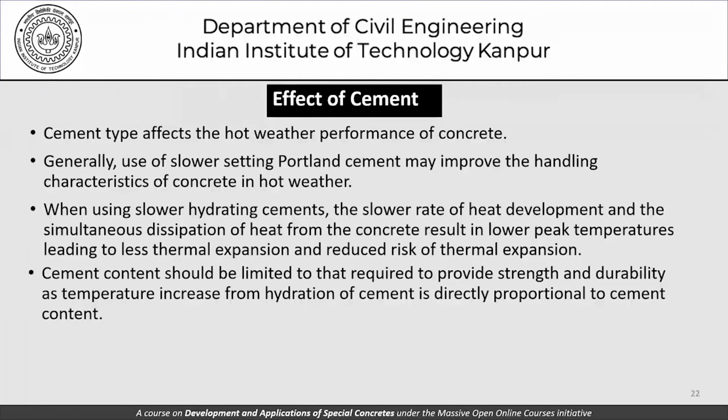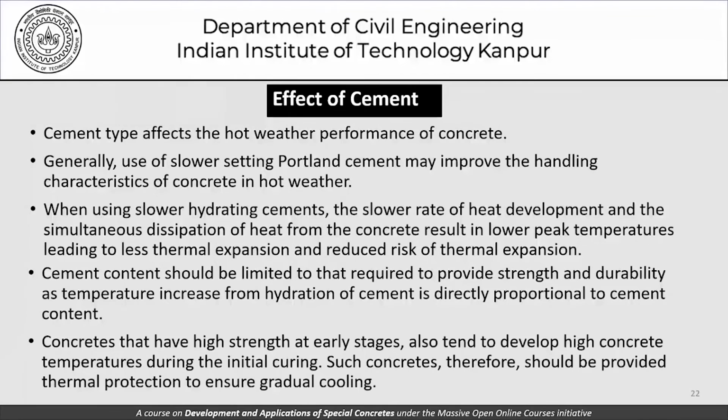What is being said is that we should try to minimize the cement content, because more cement means more heat of hydration, and that pushes up the temperature of concrete. Concretes that have high strength at early stages also tend to develop high concrete temperatures during initial curing. Such concretes should therefore be provided thermal protection to ensure gradual cooling.